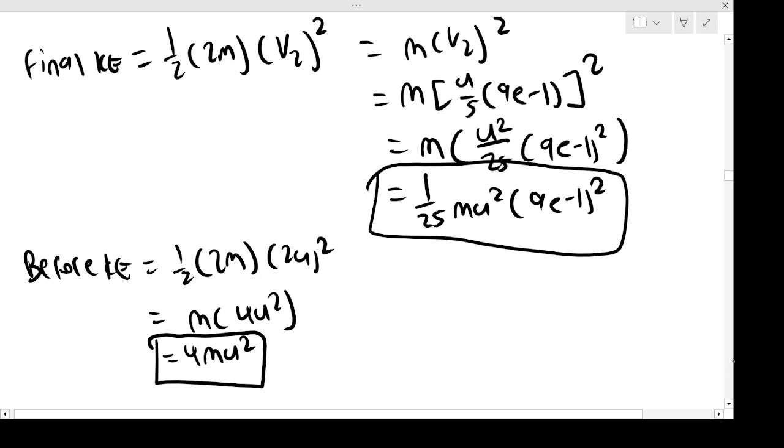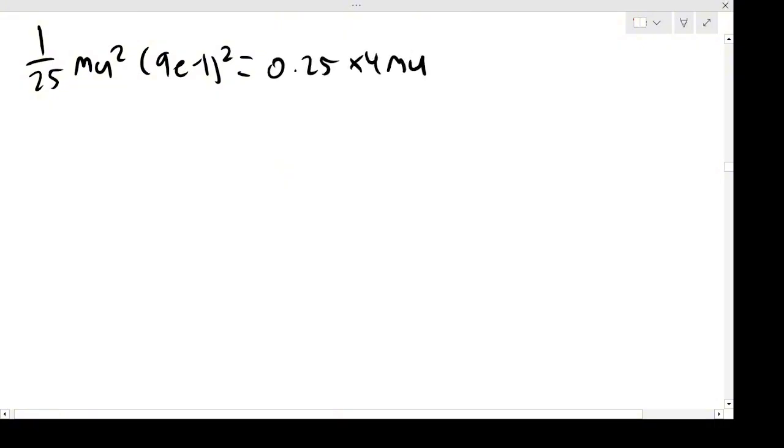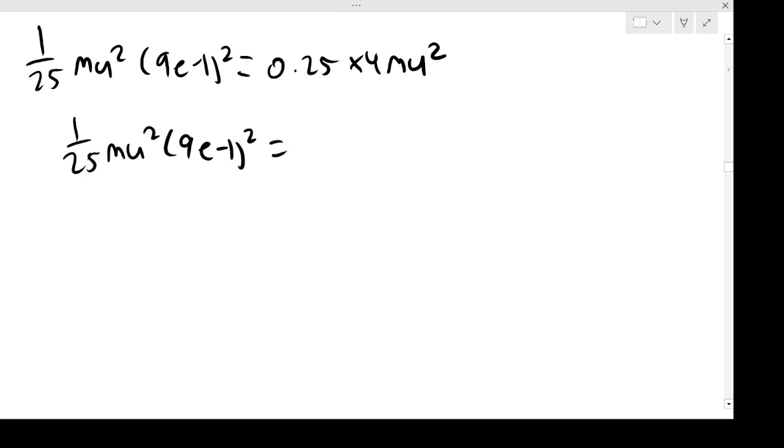So 0.5 times this 4mu squared, right? So 0.25 times 4mu squared. Then we can simplify, so 1 over 25 mu squared of 9e minus 1 squared is going to be just 1 lots of mu squared.